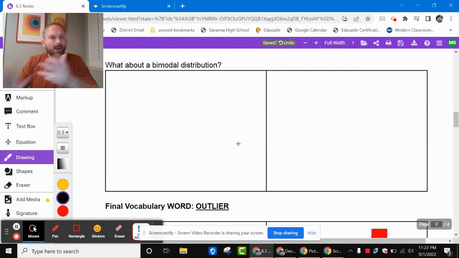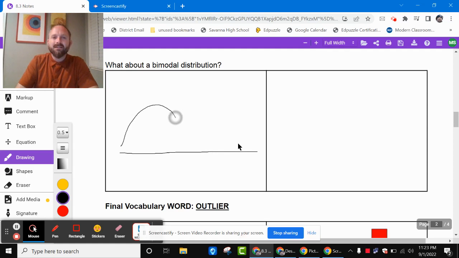All right, what about bimodal distribution? Hey, quick, how many wheels does a bicycle have? It has two. So bimodal distribution is when we have a distribution where we have two modes. So two modes right here. Like here's the mode, and here's the mode right here.